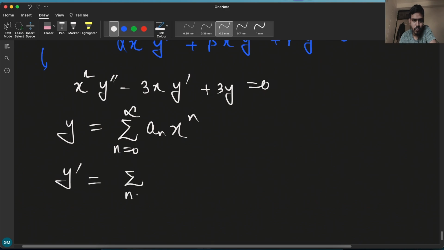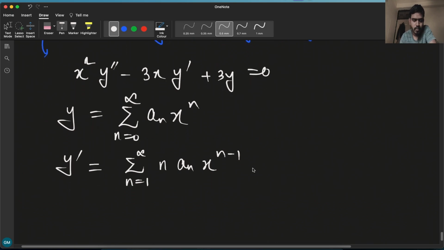the sum over n equals 1 to infinity n an x to the power n minus 1, right?